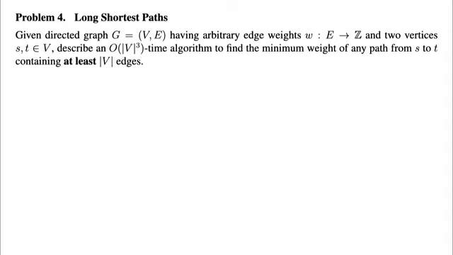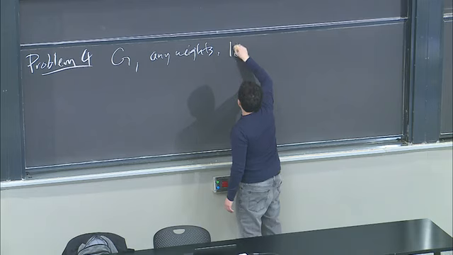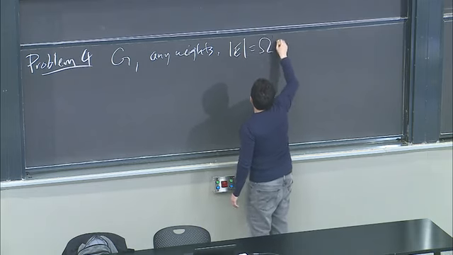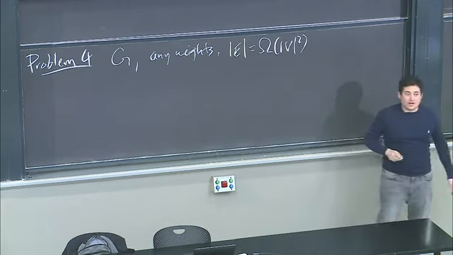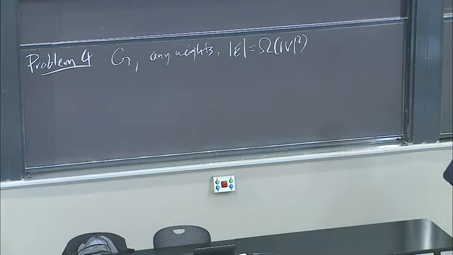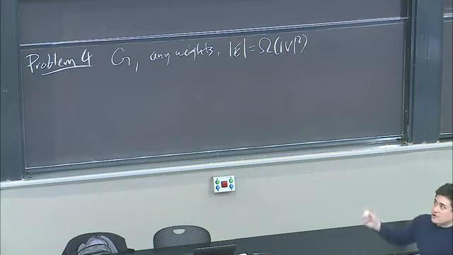Okay, so what we're doing, we're given a graph, G, it has any weights. It's possible that this graph has E lower bounded by a quadratic in the vertices, right? I have no restrictions on how many edges this thing could have.